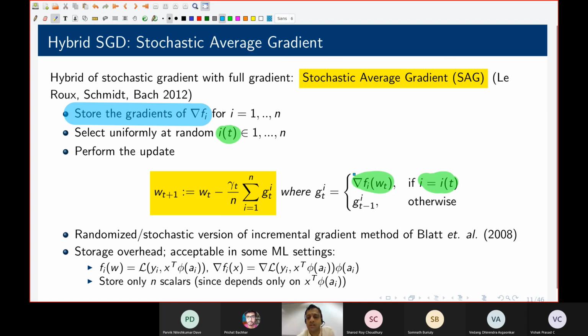For all the others, you call it g_t, this unit name. This is the g_{t-1}^i that we see later on. It's like a cache. That cache might be out of sync with reality, but that's okay. So you may want to expand this.